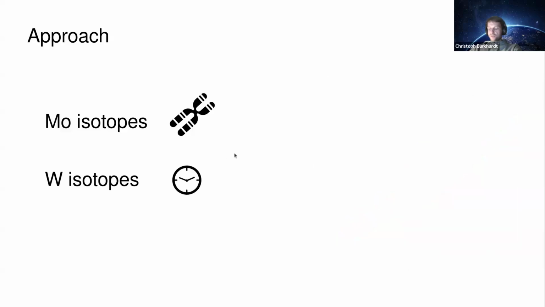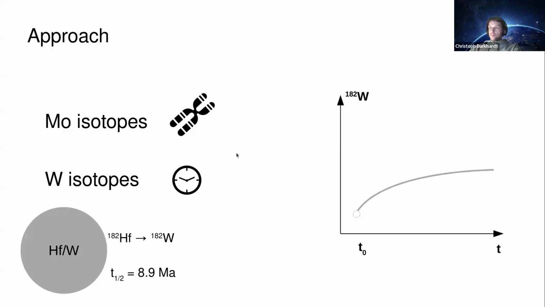And this is done from tungsten isotopes. And yeah, this is based on the decay of 182 hafnium, which decays to 182 tungsten with a half-life of 9 million years. And in a chondritic body, hafnium would just decay to tungsten, and it would slowly increase in 182 tungsten.